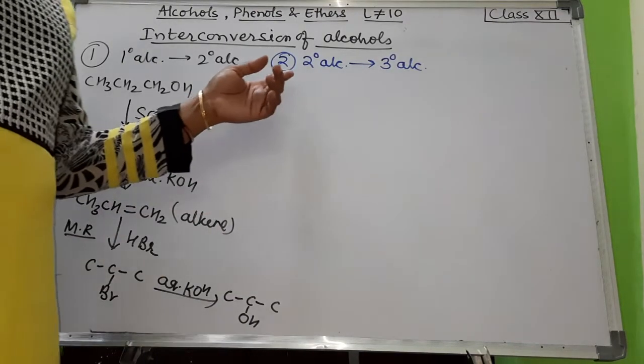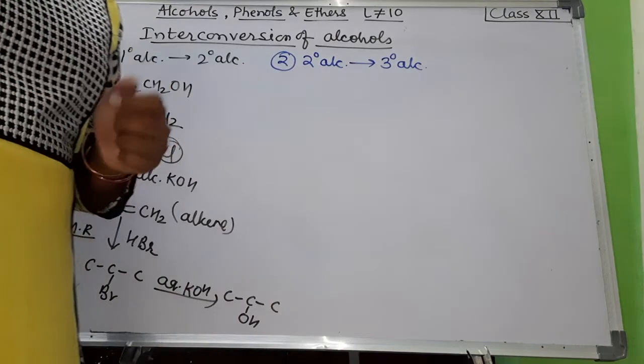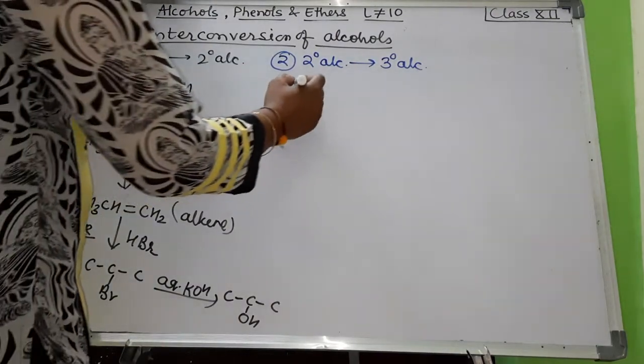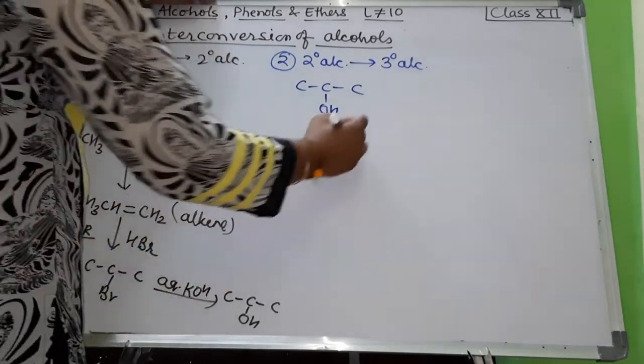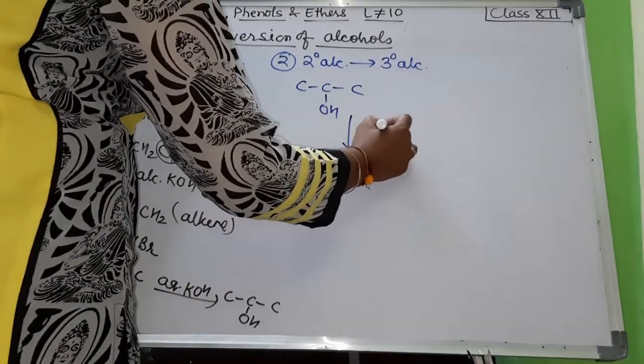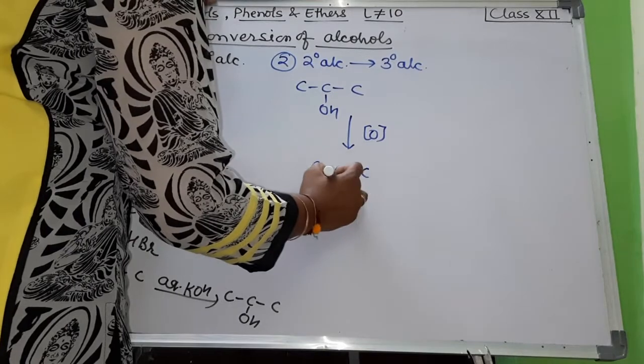Now the second is conversion of a secondary alcohol into a tertiary alcohol. This is also very easy. Let's take an example of a secondary alcohol, isopropyl alcohol. On oxidation, it will give a ketone.